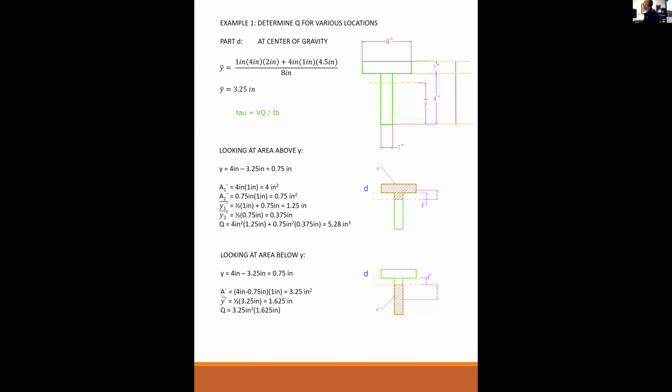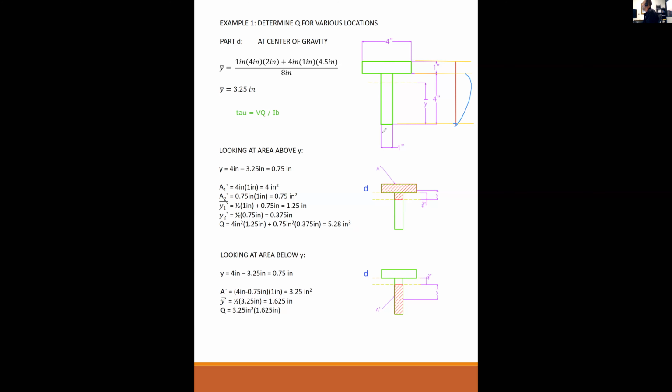Now, if I plot out the horizontal shearing stress, in other words, if I do exactly what I did in this calculation, this example, only I do it like 10 times up and down the height of this section, then if I plot all those values, what I'm going to find is that the maximum is right at the center of gravity, and then it goes parabolic, and it goes to 0.